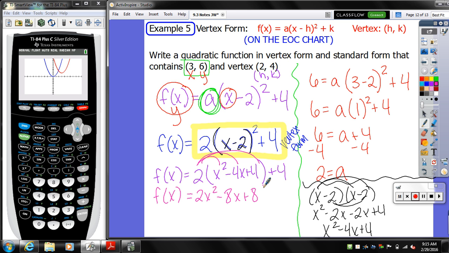Then now we don't need our parentheses anymore, so I'm just going to add 4. And your very last step is going to be combine your constants at the ends. F of x equals 2x squared minus 8x plus 12. This down here is standard form.